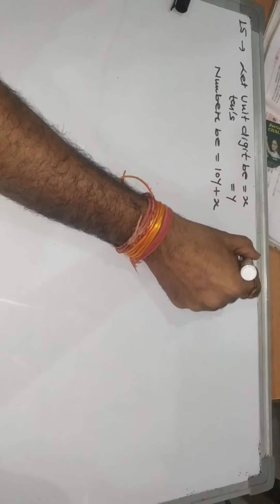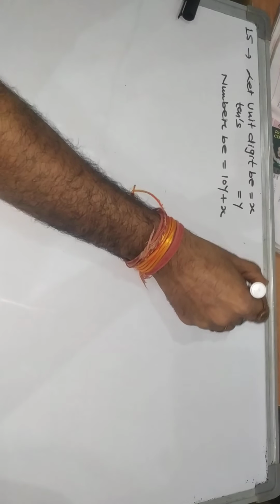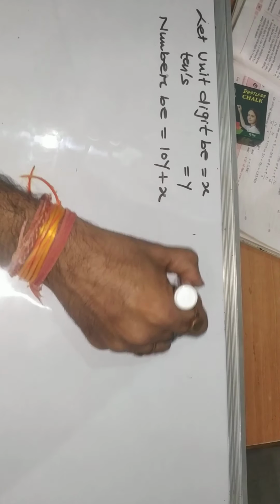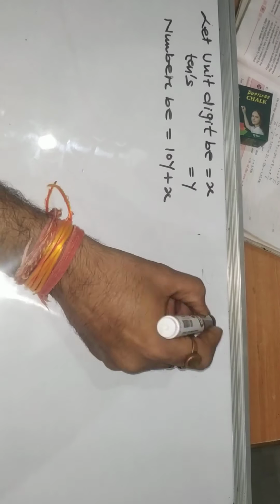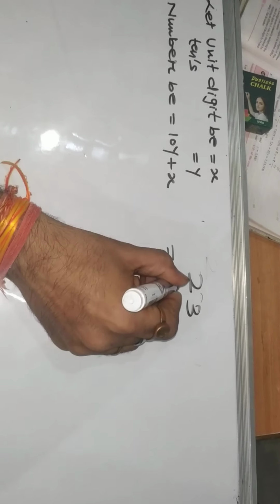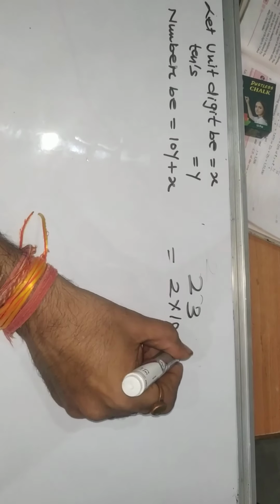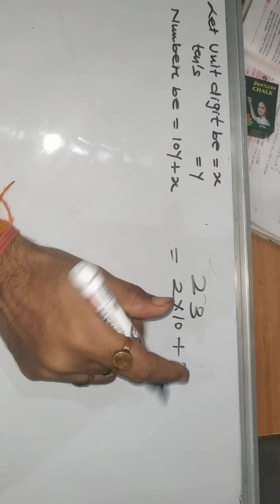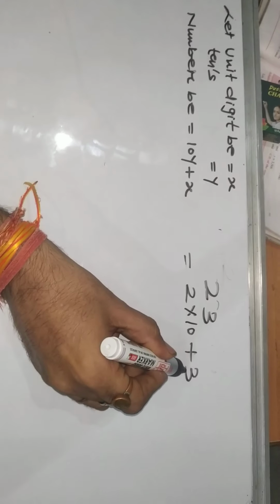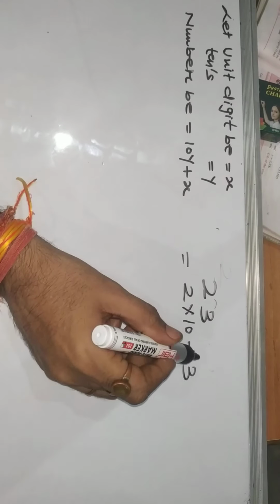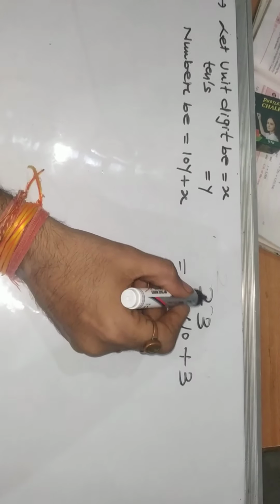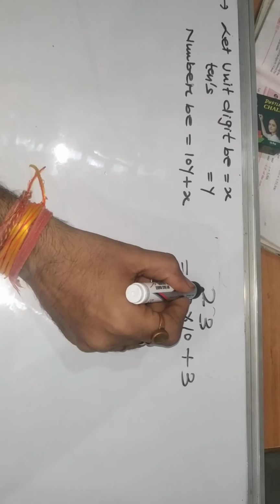So when we write 23 in expanded form, we have to do this type of question in class 3rd, 4th, 5th. 23 written in the expanded form, so we have to write 2 into 10 plus 3. The proper method is that the 10th digit is multiplied by 10 and the unit digit should be added. 23 means the unit digit is 3, the 10th digit is 2.